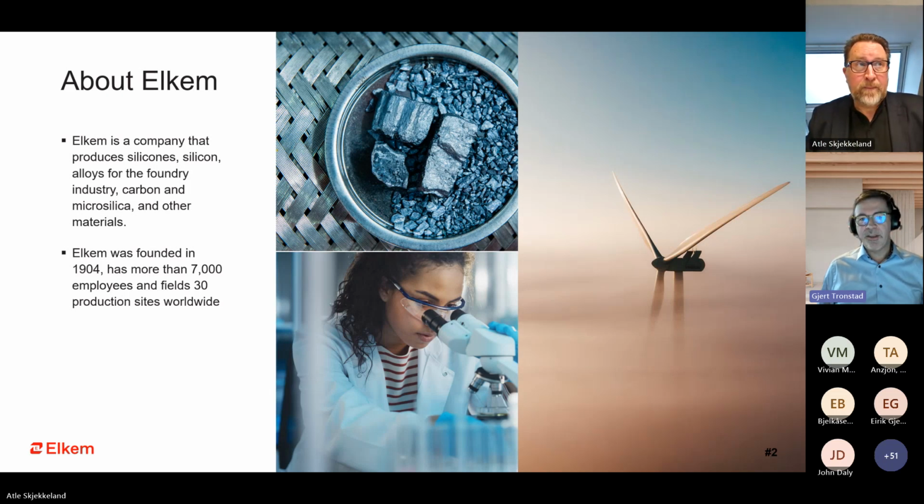This means that we have customers all from the automotive industry to medicine to also things happening on the moon, NASA. We are approximately 7,500 employees, and we have production sites in approximately 30 sites around the globe.